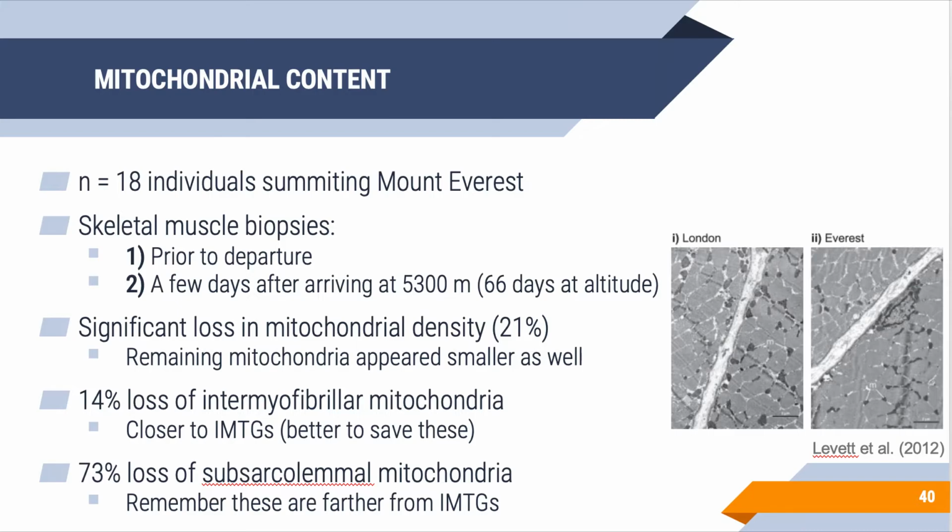Whereas the majority of our loss of mitochondria actually falls into the subsarcolemmal, meaning that they are farther from the IMTGs and we're actually better to give those up. So it's actually cool that our body has the capacity to choose or preferentially select which mitochondria are sacrificed in response to this altitude adaptation.